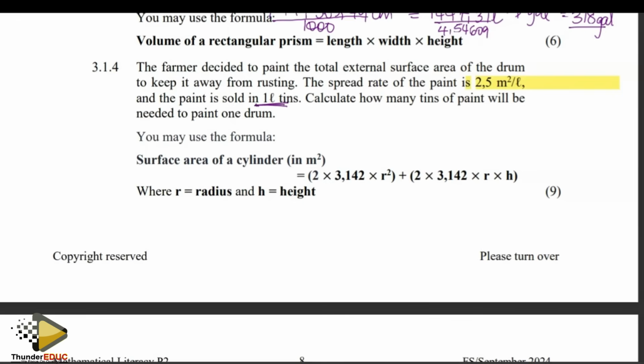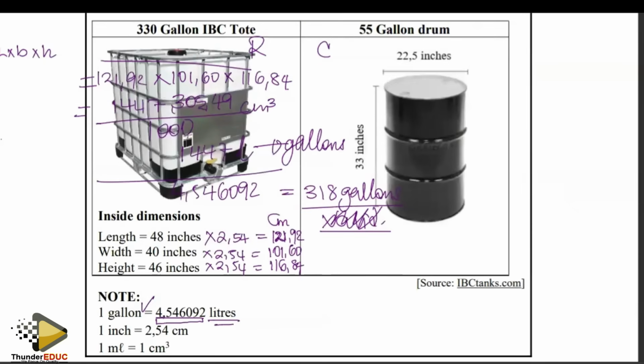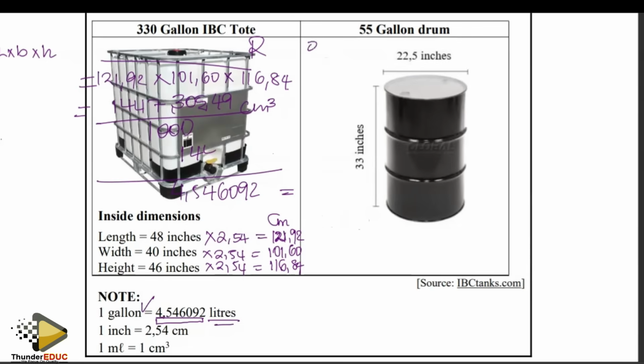So what we need to find out is the surface area. When you look at the drum, what is the surface area? The drum takes on a cylinder shape, and we know very well that the surface area of a cylinder is 2 pi r squared plus 2 pi r h.